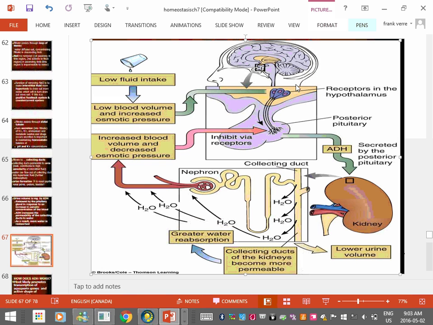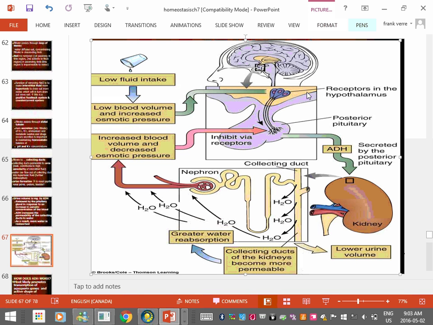So there's special cells in your hypothalamus, which is a region in the brain. And if you're like, where did I hear that before? That was the same region that detected the temperature. Those cells will shrink because they lose water to the bloodstream because the blood is concentrated. The shrinking is the sign that you're dehydrated.